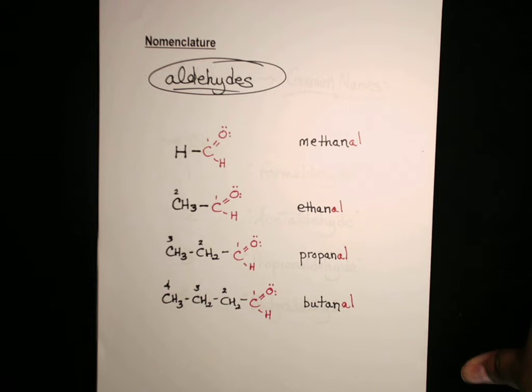Now, in your reading, you may have noticed that some aldehydes may go by other names, what we may call a common or trade name. And these are the names that you typically have to just commit to memory.